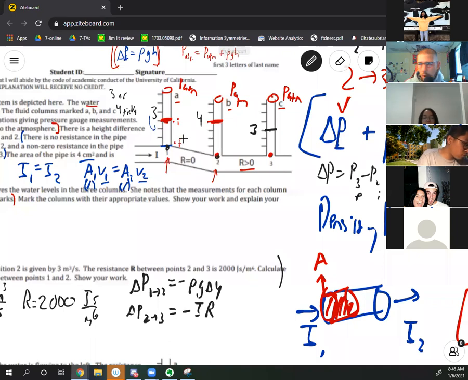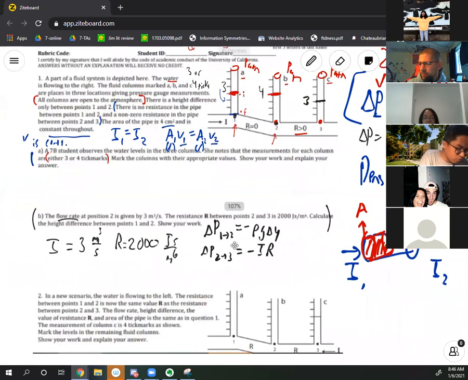So there is a 1 tick difference in height of the gauge between 1 and 2. That indicates a pressure difference. I have the same number of ticks, the same height difference between gauges 2 and 3. So I go up 1 tick versus down 1 tick. So the difference in pressure between 1 and 2 is the same magnitude as the difference in pressure between 2 and 3.